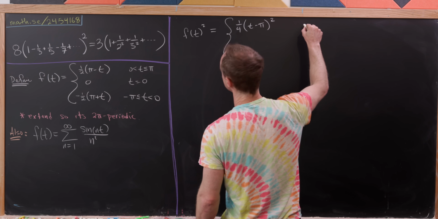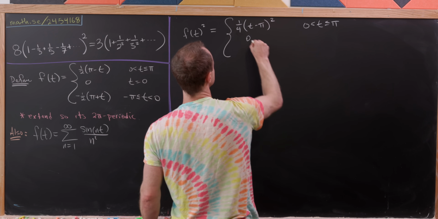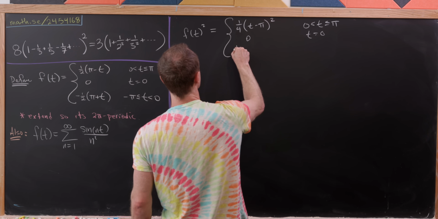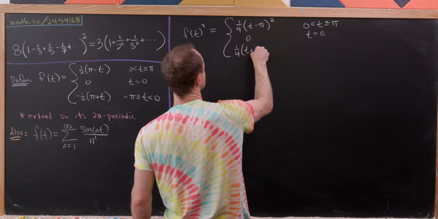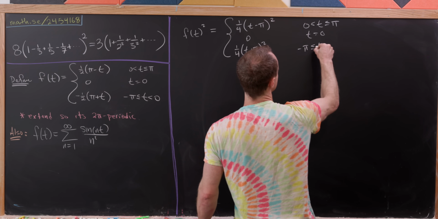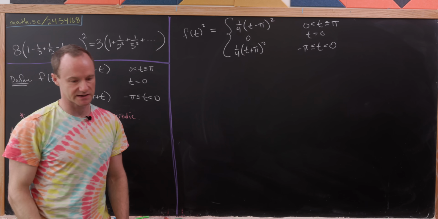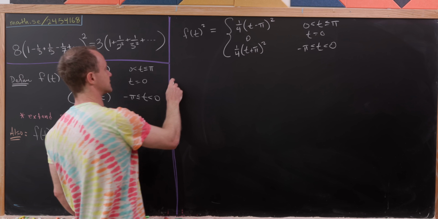And that's when t is between 0 and pi. It's going to be 0 when t is equal to 0. And finally, it's going to be 1/4 times t plus pi quantity squared if t is between negative pi and 0. Okay, nice. But now let's square it in this other way as well.